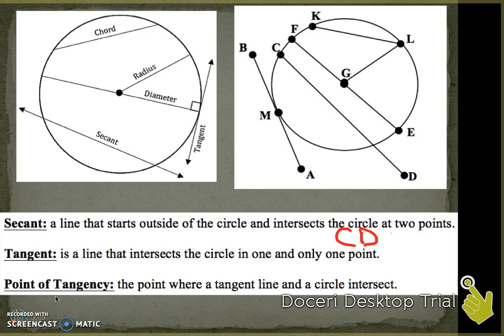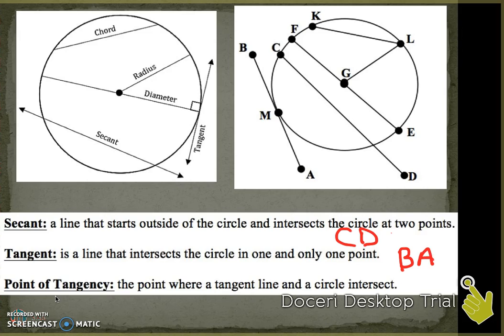And the last new piece is called a tangent, and it's a line that intersects a circle at only one point. So it doesn't cut any pieces off. Instead, it goes and touches the circle exactly once. So if you think about a basketball laying on the ground, the ground is the tangent. So in this case, BA would be our tangent.